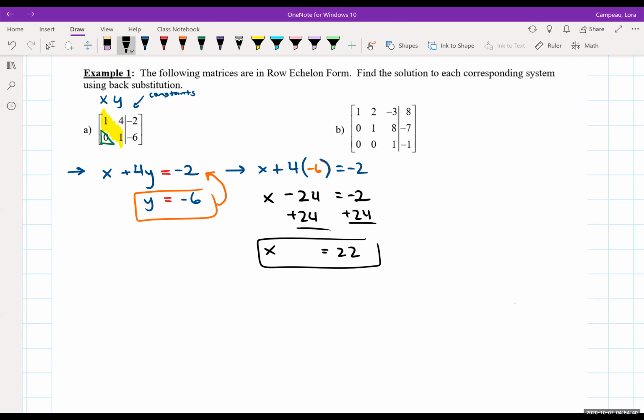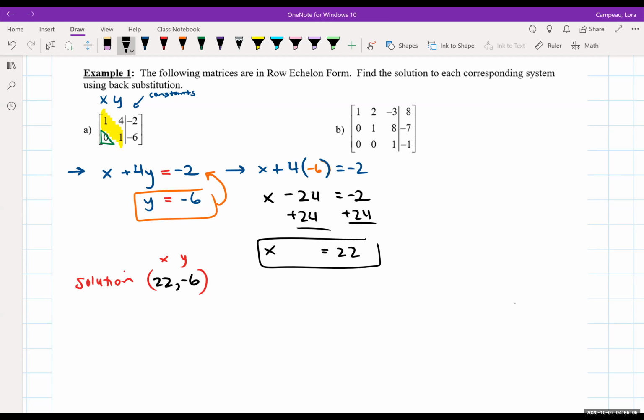So now just by using back substitution, having the augmented matrix in row echelon form, the solution to part A, remember everything's always in XY form, ordered pairs, we should have 22 and -6.